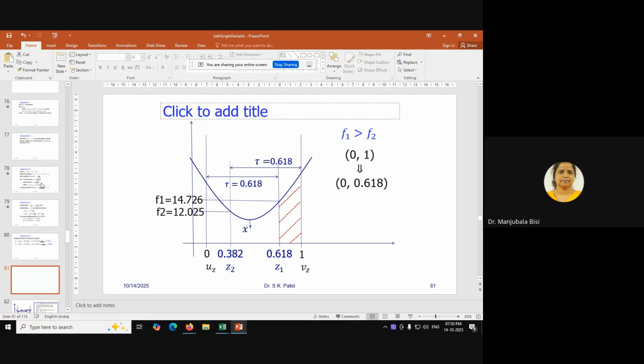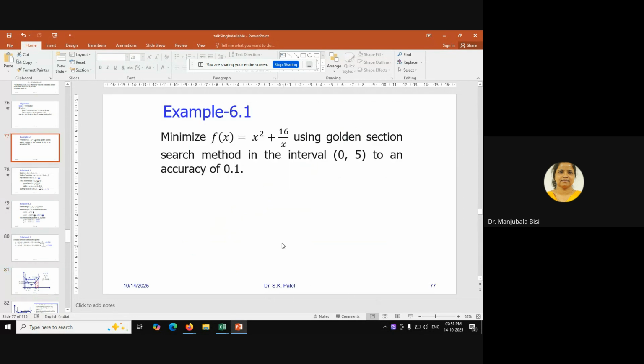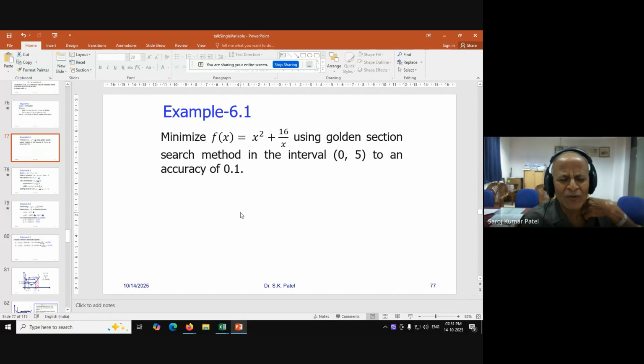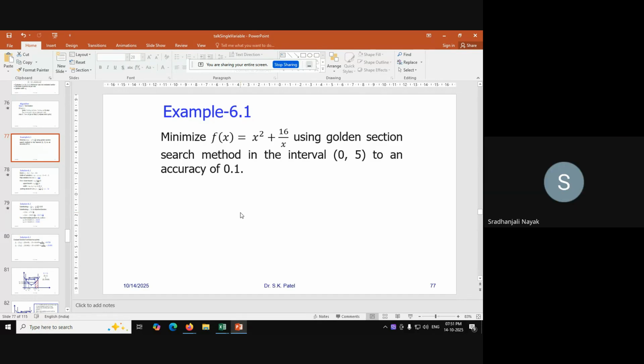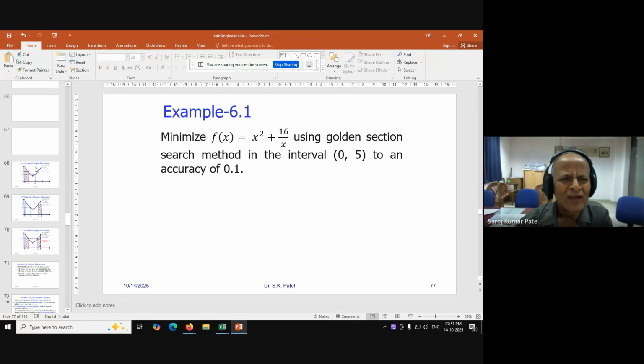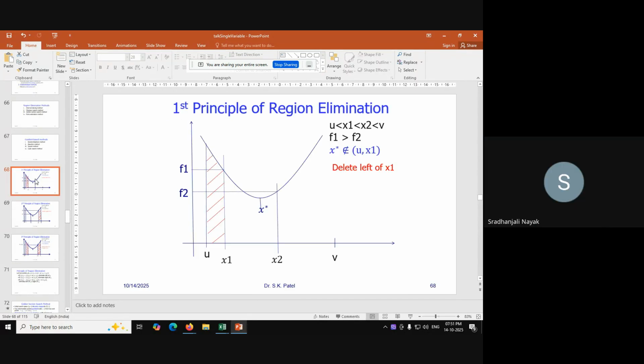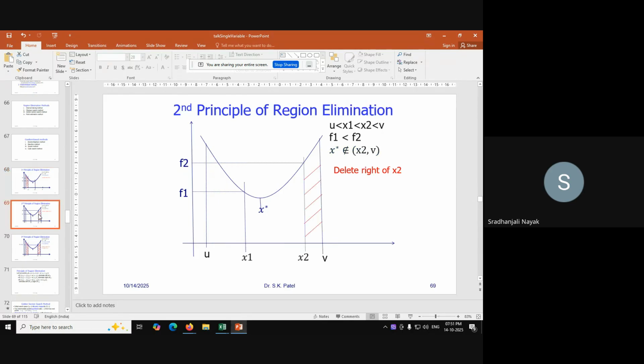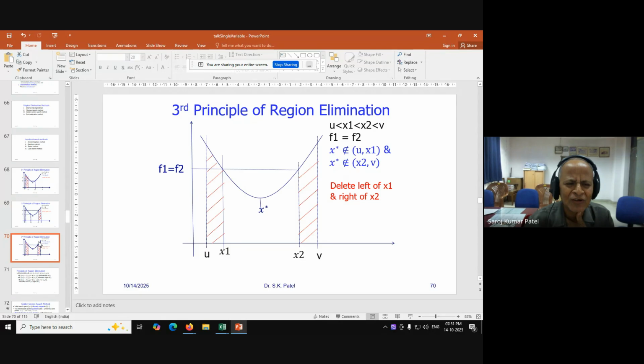Can one of the participants please confirm from which slide sir has left, so that sir will continue? After the 10 minutes graph, the region elimination graph you have shown and the condition you have shown. Did I explain those three principles? Yes, sir, these three principles were understood.